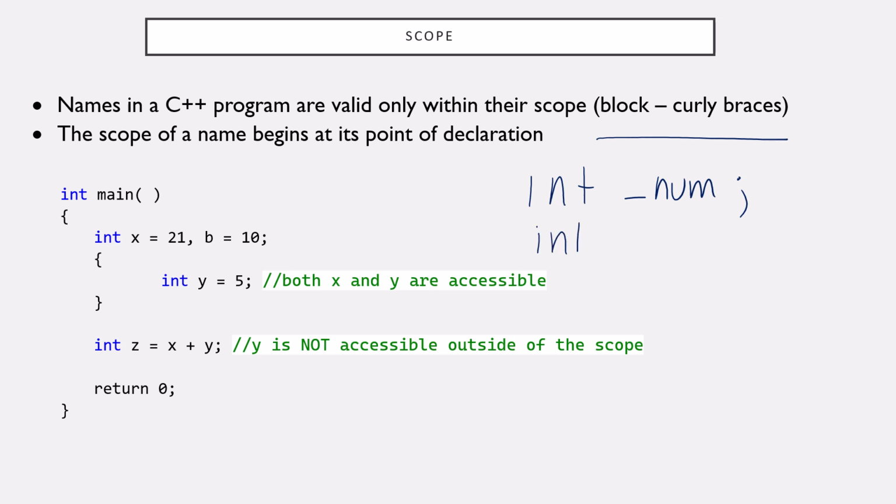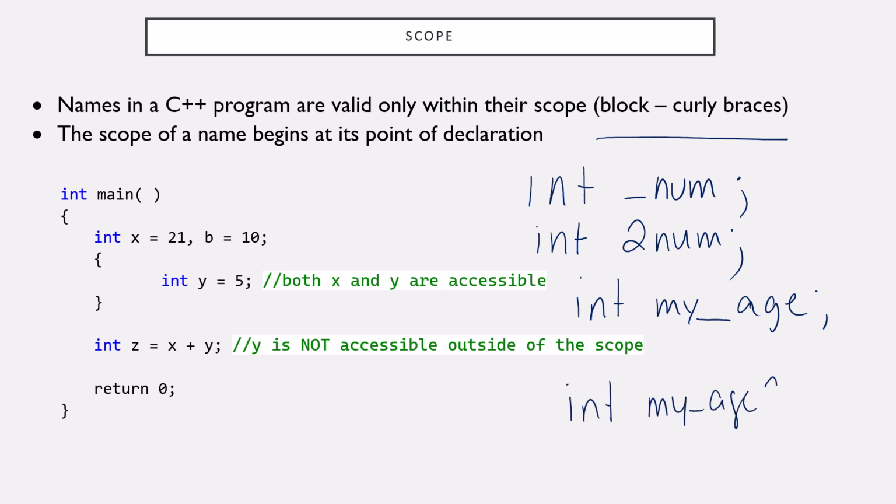If I say int 2num, that is not a valid identifier. Int my age, that is not a valid identifier because it needs to have no white space. Int my age 2 is a valid identifier. You can have numbers in the names of your identifiers. It just can't be the first character in the name. So those were the slides that I skipped.